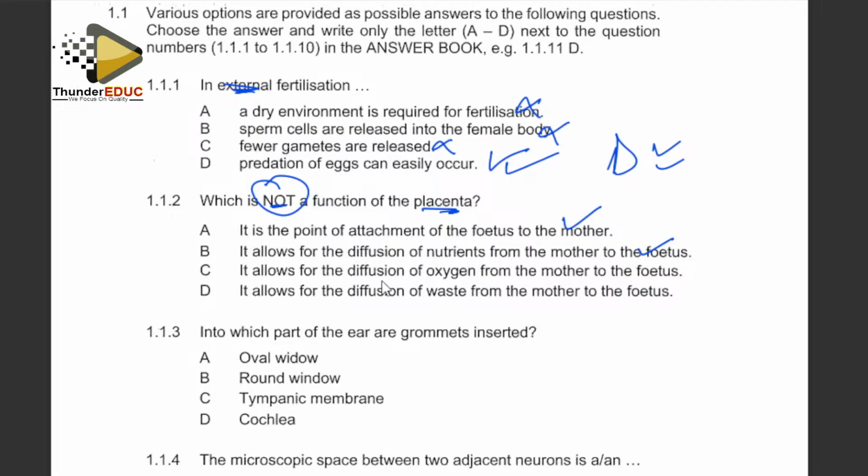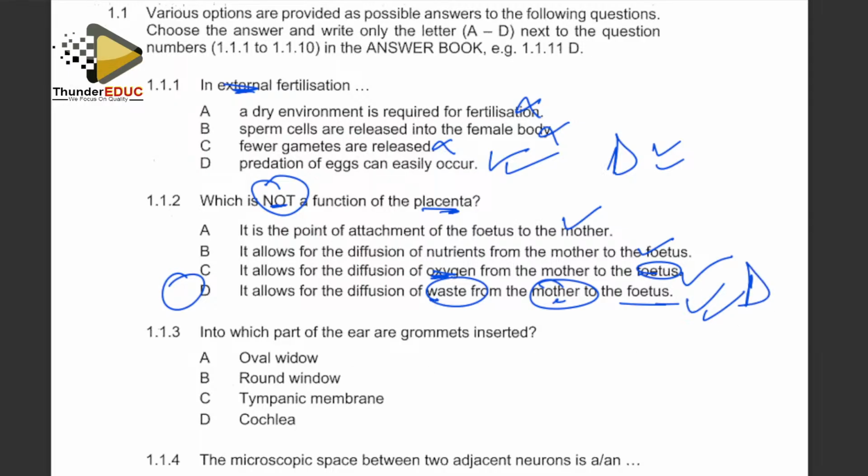It allows the diffusion of oxygen from the mother to the fetus, because the fetus requires oxygen. It is correct. It allows the diffusion of wastes from the mother to the fetus. What does the kid want from the wastes from the mother? There is no need. The waste comes from the kid to the mother, not from the mother to the kid. So D becomes the most correct answer.